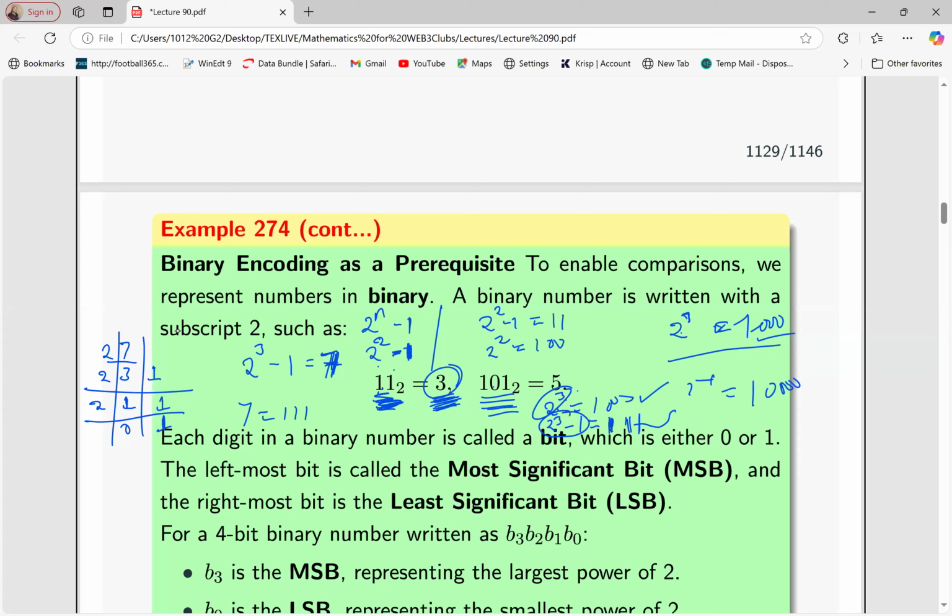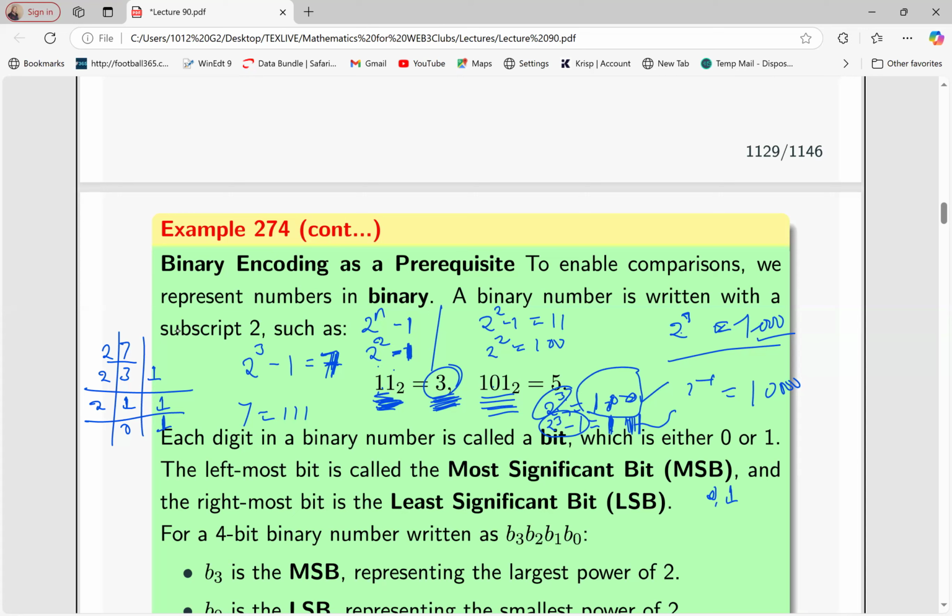You can see even how many bits these ones are. Bits, by bits we mean 0 and 1. How many bits does this one have? This one has 1, 2, 3, 4 bits. And this one has only 3 bits.